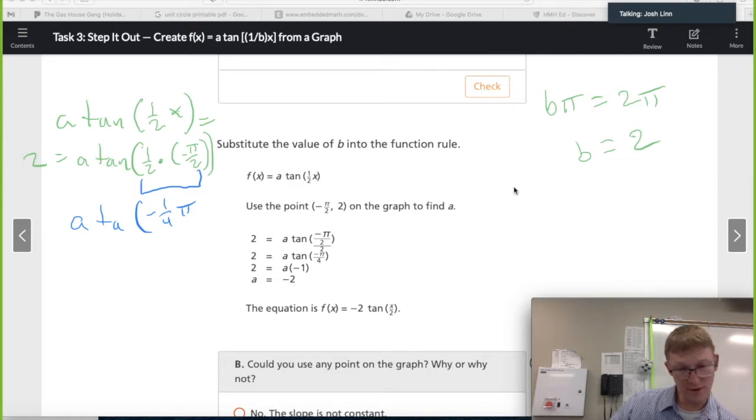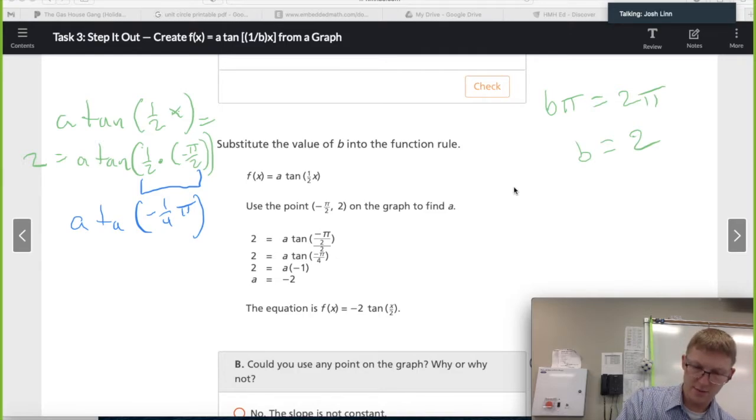That would be like a 45-degree angle, in case you're wondering. I knew that, totally. And the tangent for that, opposite over adjacent, is going to be 1. And since it's negative, it's going to be negative 1.